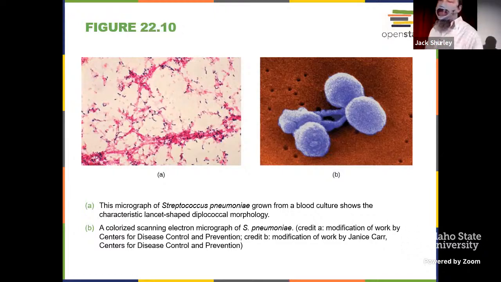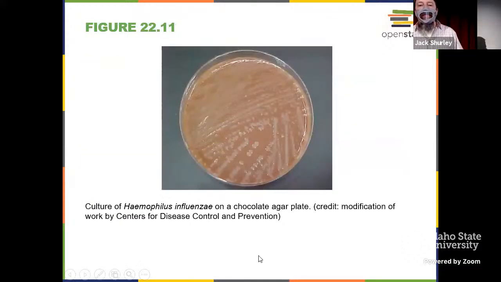Just kind of depends, right? And you may see that in a healthy individual, and they don't have any ill effects, at least not at this point, all right? Given the right circumstances, there is the potential for those organisms to infect elsewhere.